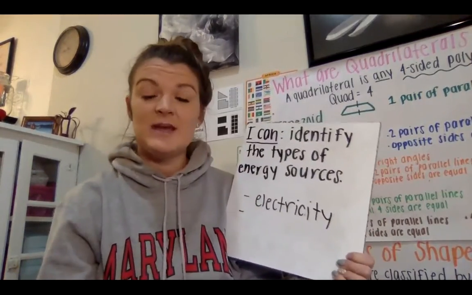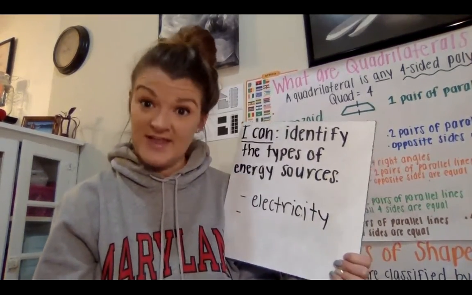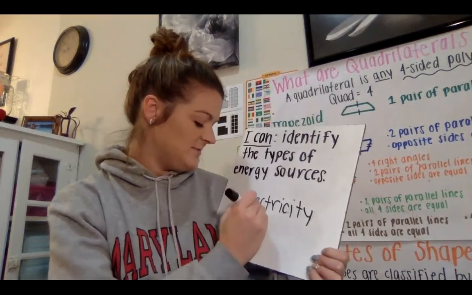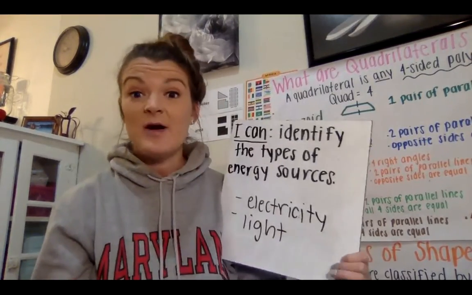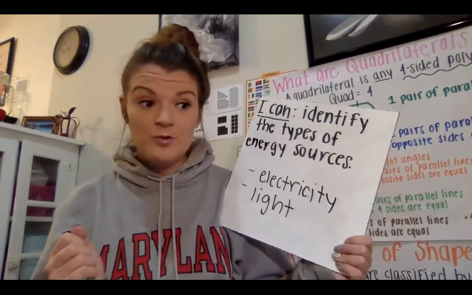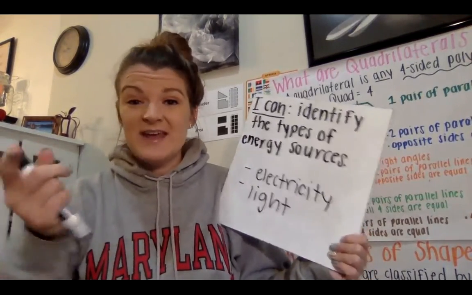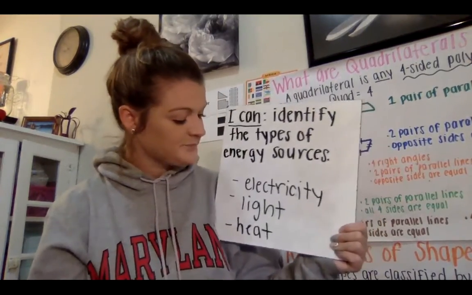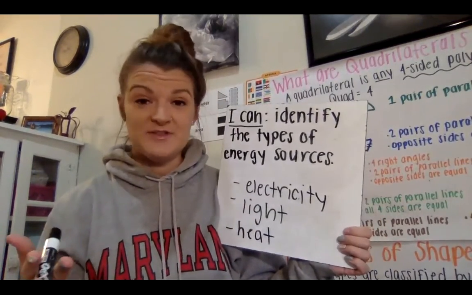Another type of energy can be created by light, like the sun. That's how things get warmed. So light energy. We also can think about heat energy, such as using a stove to cook our food or using a match to light a candle. That's heat energy. It produces heat to keep us warm. Those are 3 types of energy.